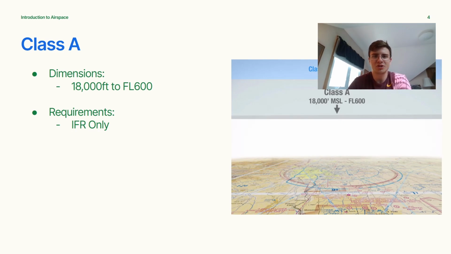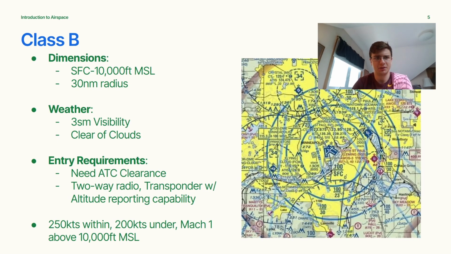When you're doing your flight training, whether that's in an Archer or, for me, a Cessna 152, we're not getting up to 18,000 feet in a Cessna 152. And I don't think you are in any of our training aircraft. You won't encounter this during your flight training unless you do high altitude training. But it's super important to know where Class Alpha airspace is and that you're required to have IFR ratings for that.